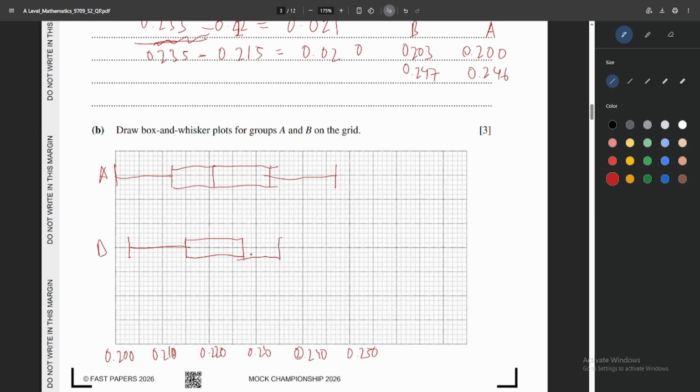So this, and then it ends at the maximum, 0.247. Actually, the maximum here was 0.246, so it should be here. So yeah, that's it.